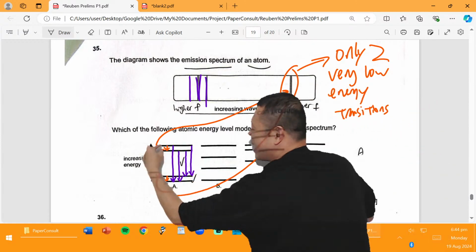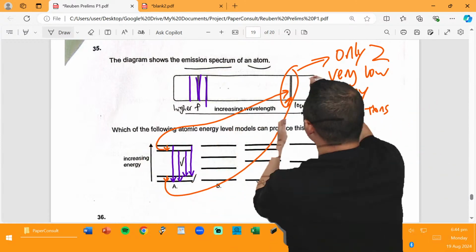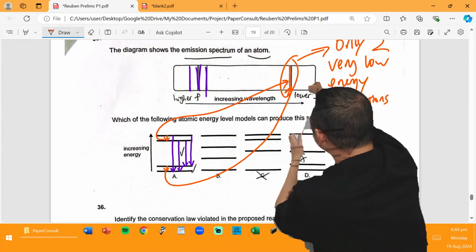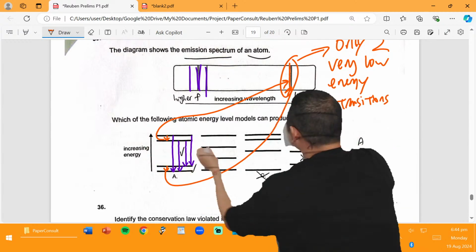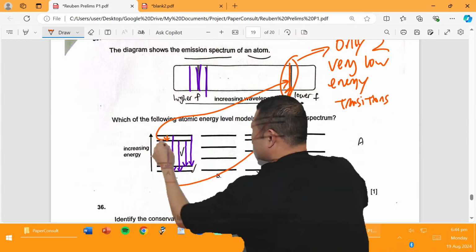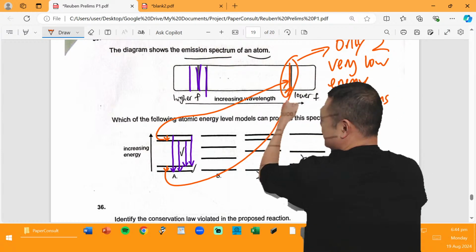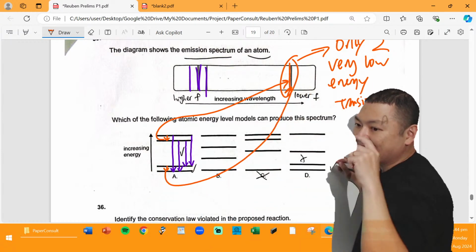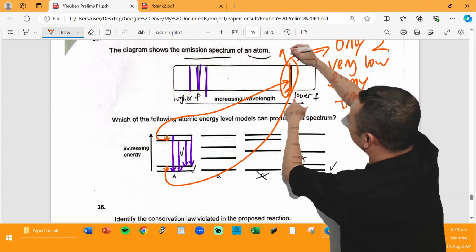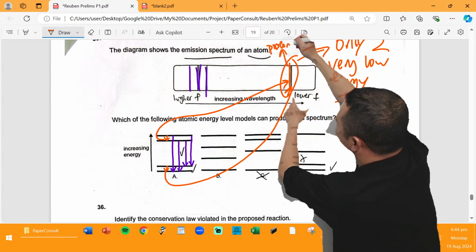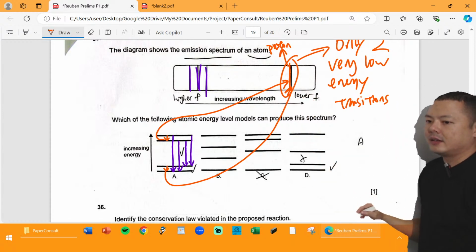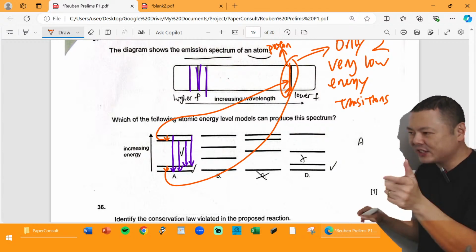The gap here represents the photon here. The gap here doesn't represent the gap here. This gap represents one of the lines, and this other gap represents the other line. Like the line itself is the photon that's being emitted, the energy that's being emitted itself. Yes, correct. The line is the energy of the photon itself.